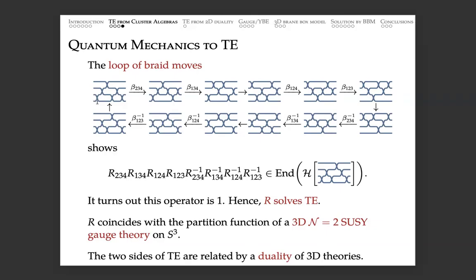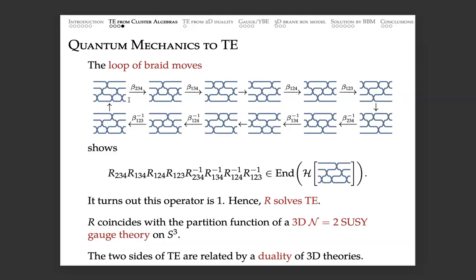Then you can apply a sequence of 8 braid moves, 4 braid moves and then 4 inverse braid moves. This wiring diagram transforms, and finally it comes back to the original wiring diagram.